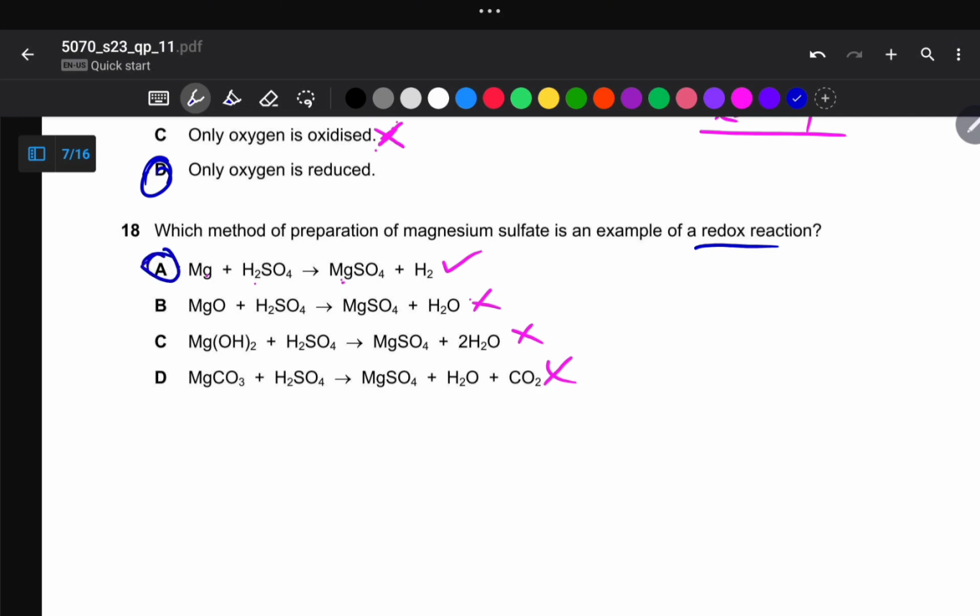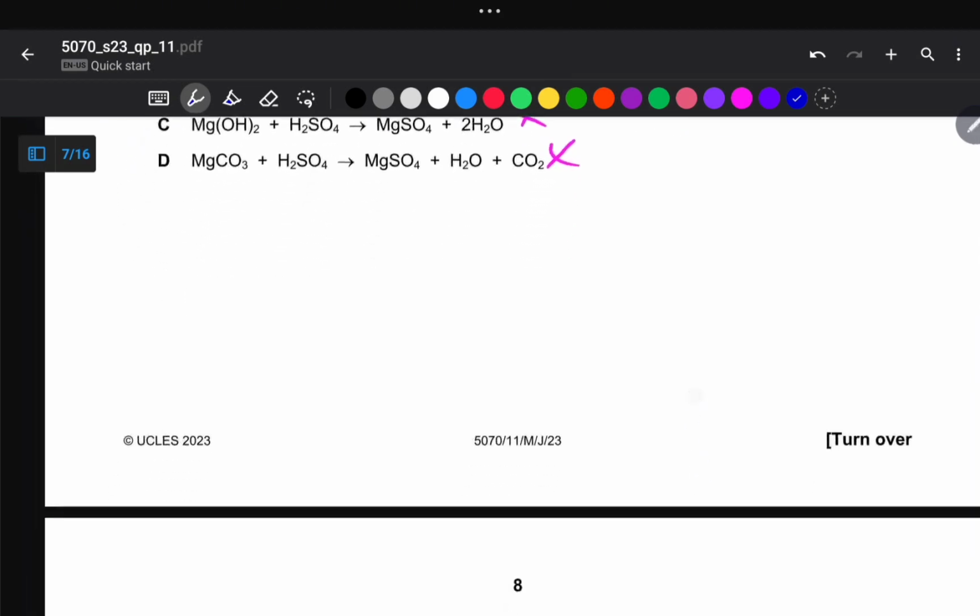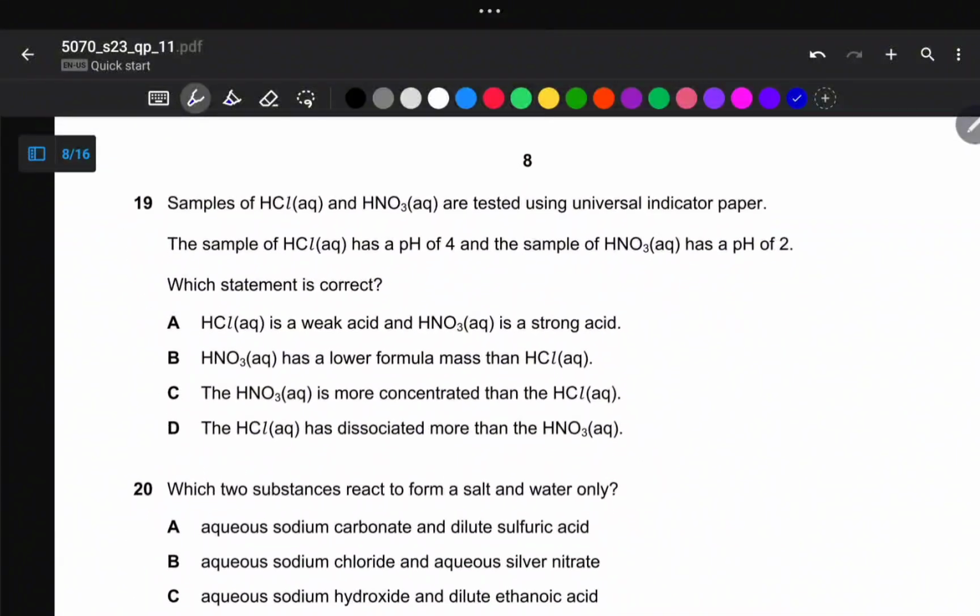Are we together? So we now move on to number 19. Question 19 says a sample of hydrochloric acid and nitric acid are tested using the universal indicator paper. The sample of hydrochloric acid has a pH of 4, and the sample of nitric acid has a pH of 2. Which statements are correct? Hydrochloric acid is a weak acid, and nitric acid is a strong acid.